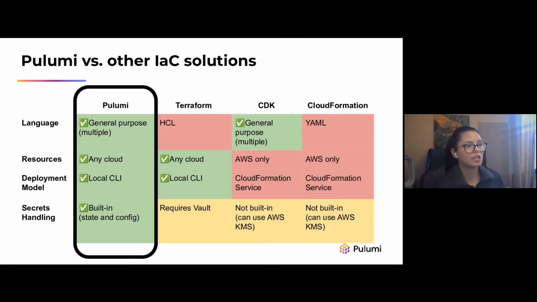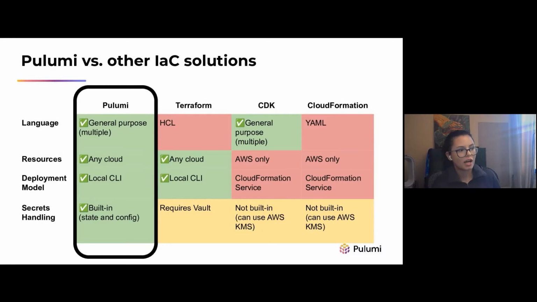You can define resources in any cloud, and it also offers a local CLI deployment model. We'll be getting familiar with that today. But what it means is that you don't have to go to another service to then deploy your resources. So essentially, you're typically saving a network hop, which means things might be slightly faster.